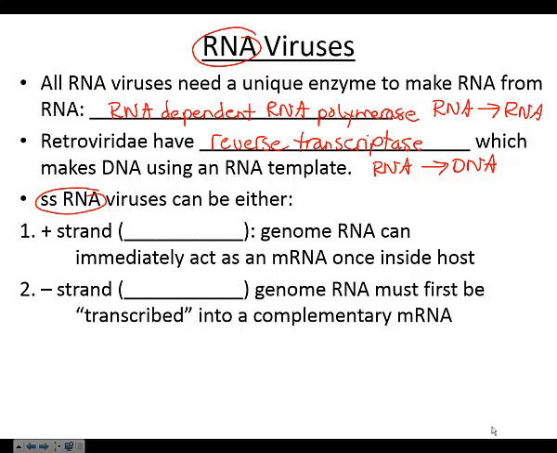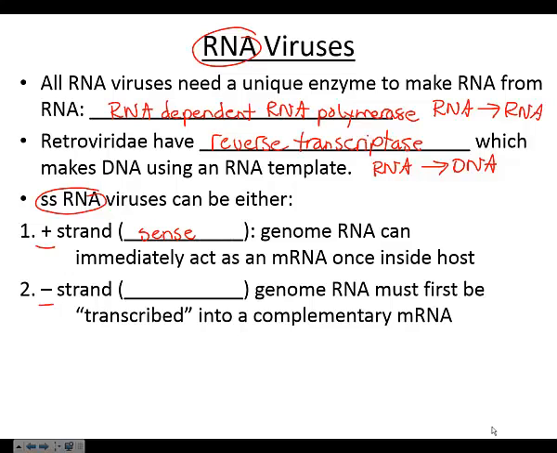Single-stranded RNA viruses can be grouped into two categories, the plus and minus strand viruses. Plus-strand viruses are also known as sense-strand viruses because their genome RNA is already an mRNA. The genome can be directly translated into viral proteins within the infected cell.